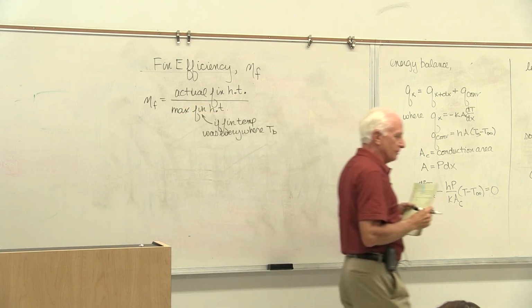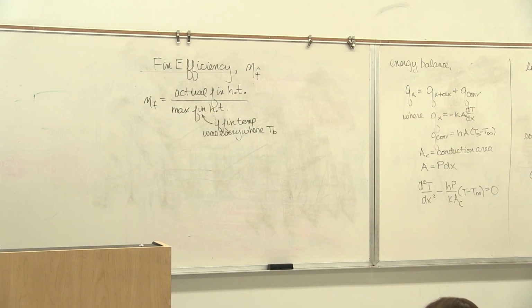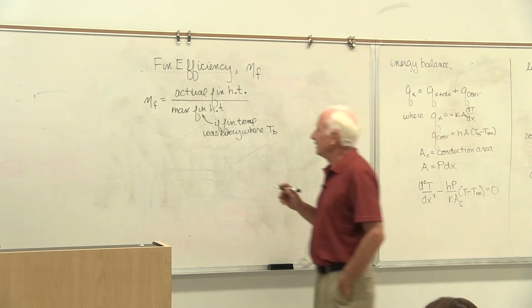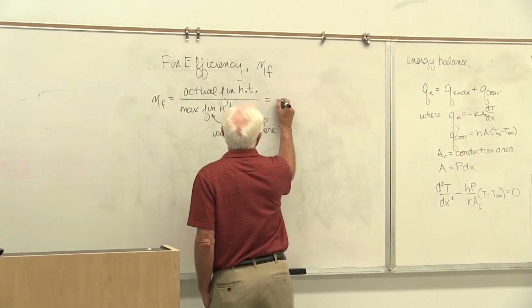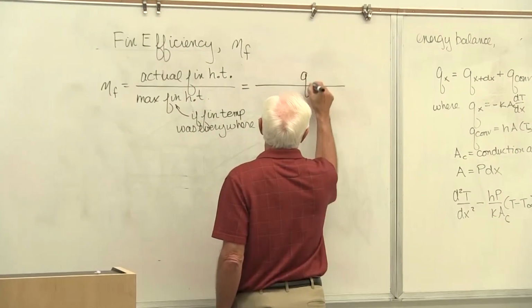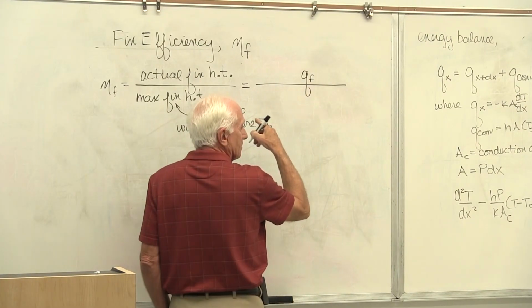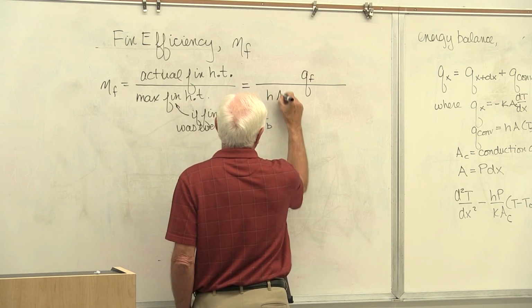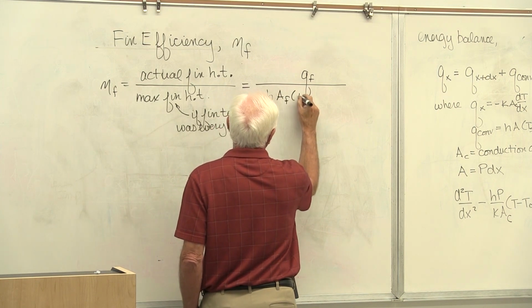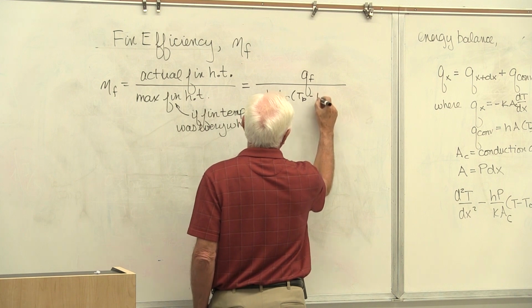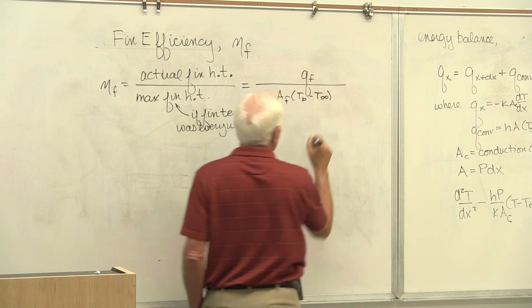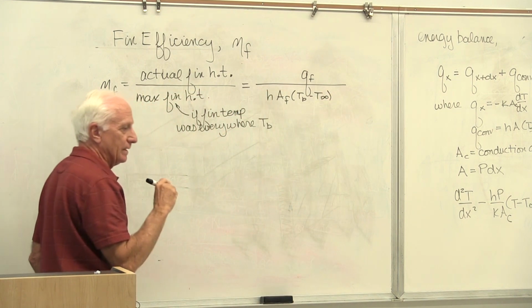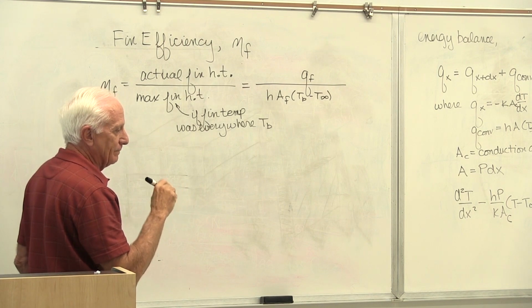The fin would lose the most heat if the temperature of the fin was everywhere at that hot temperature of T base. So that's the definition of fin efficiency. In symbolic terms, it's q_f over the maximum fin heat transfer, h A_f (T_base minus T infinity). That's the maximum heat transfer from the fin if the temperature were everywhere at the base temperature.